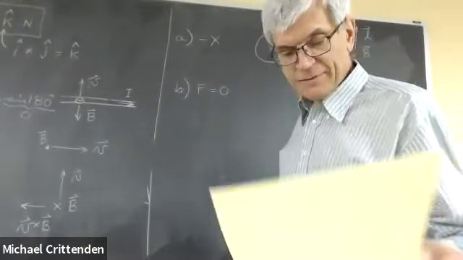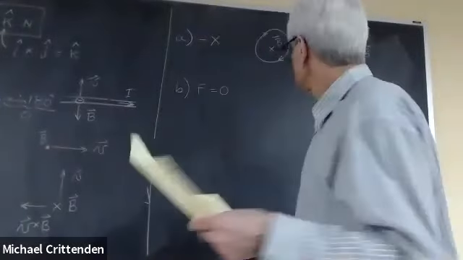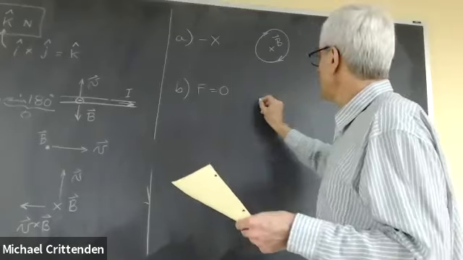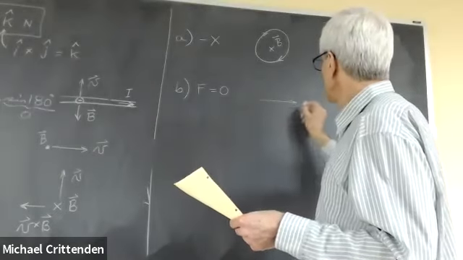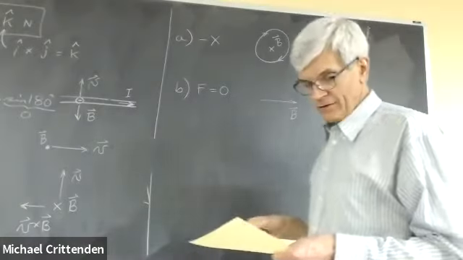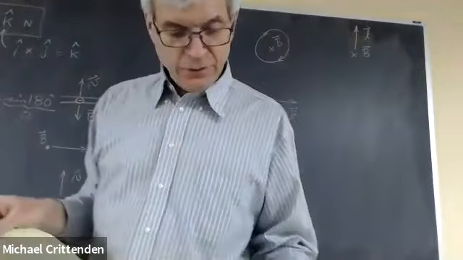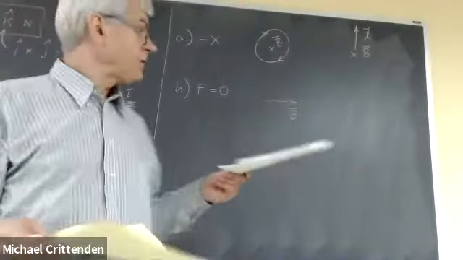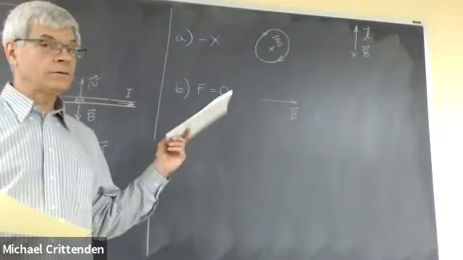For the second part, I don't know if I need to draw a lot of stuff here, but the magnetic field of a coil points along its axis. You can use the right-hand rule to show that it points toward the right as opposed to the left, but it doesn't matter. The answer is going to be 0 either way.